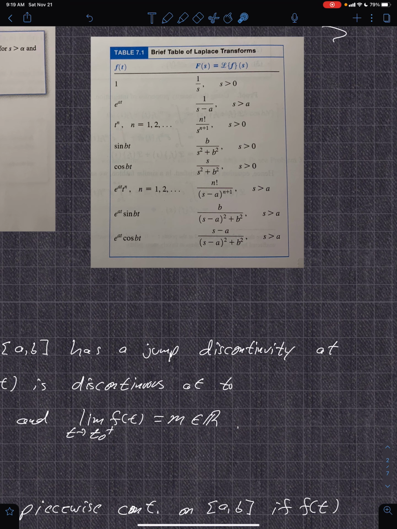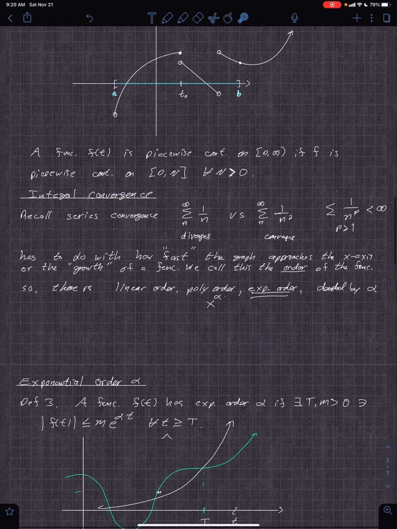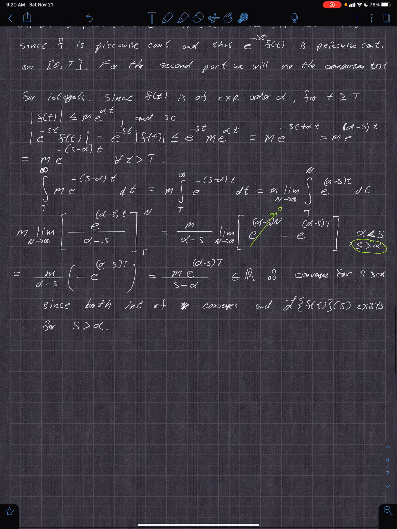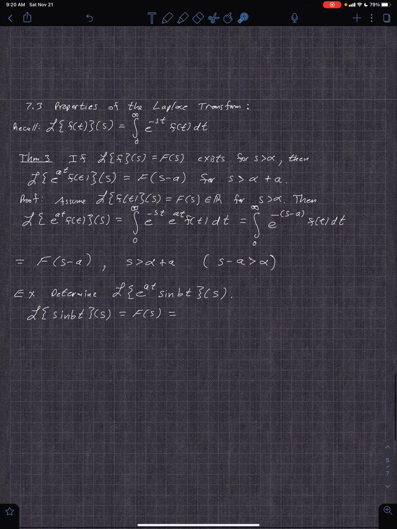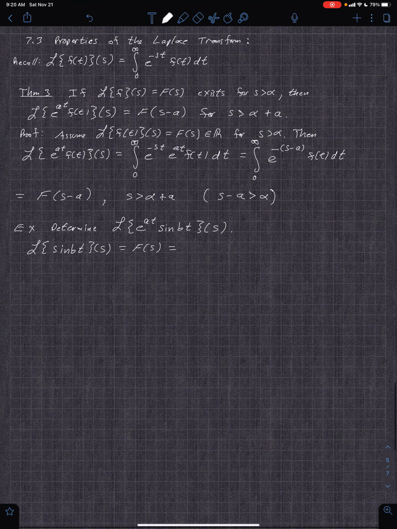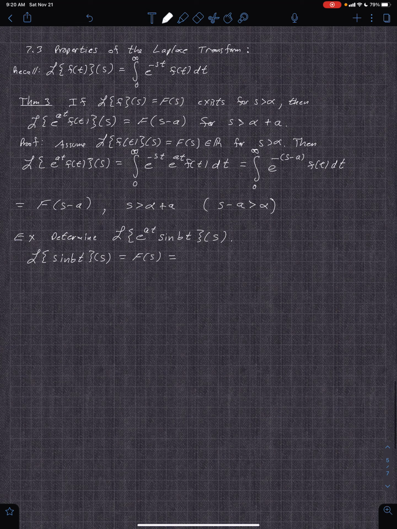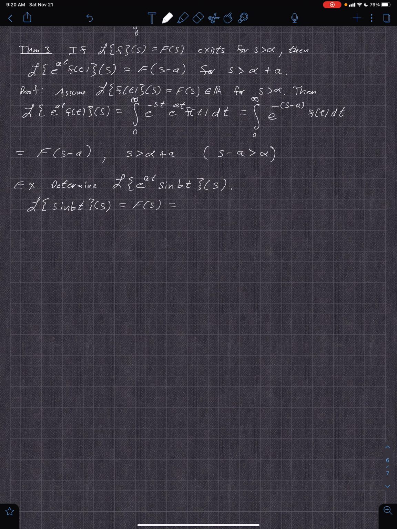And so we're going to use this, and then we're going to translate the s. So that's the technique. We're not going to actually evaluate that. So we have then F of s is, from that table, b over s squared plus b squared.